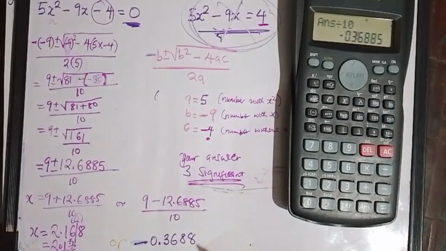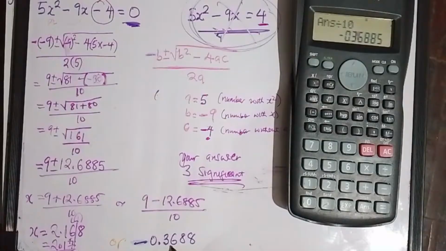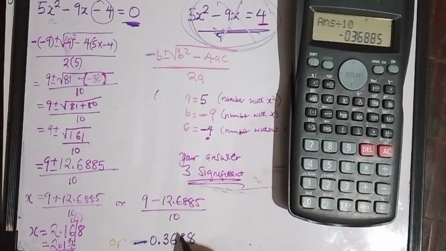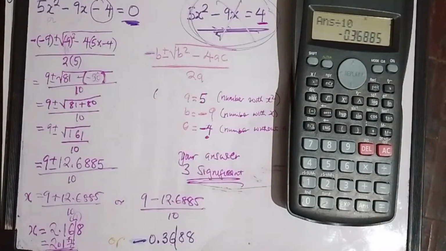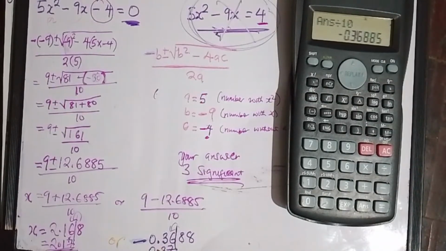So again, count 1, 2, 3. But this question was saying 2 decimal places. So we are going to stop here. Again, ask yourself, is the number 5 or greater than 5? Yes, it is. So we are going to give 1 here. So we're going to say negative 0.37 as our answer. So these were our 2 answers for the quadratic equation.